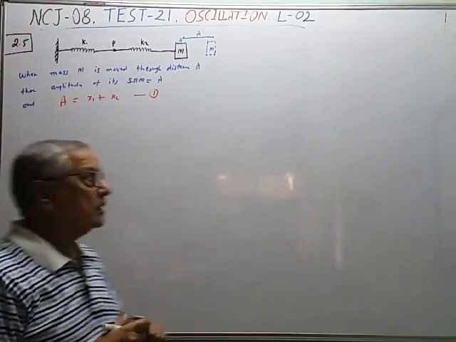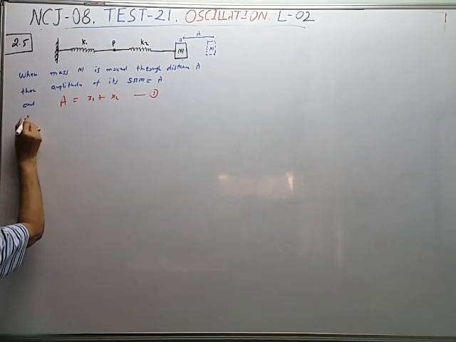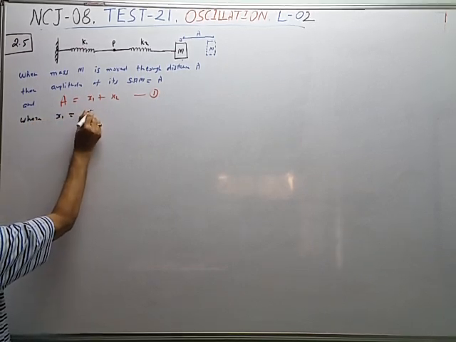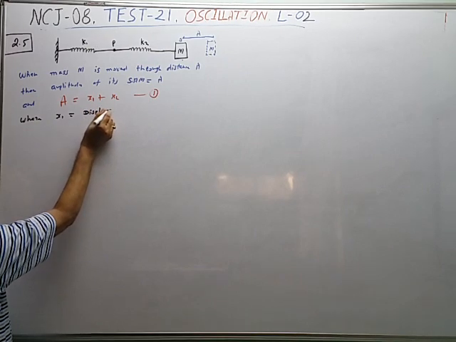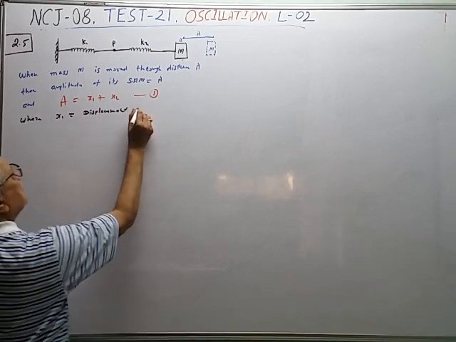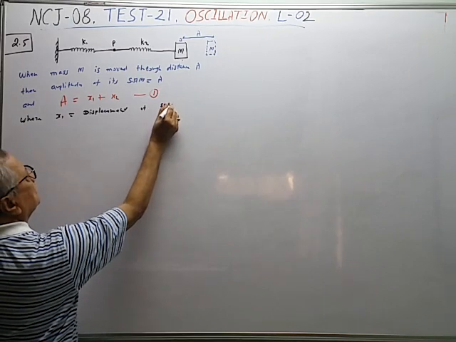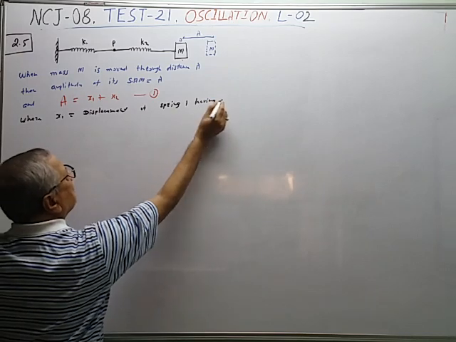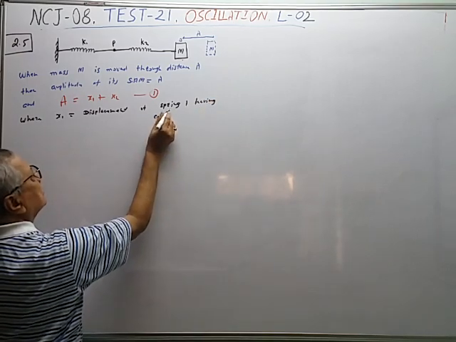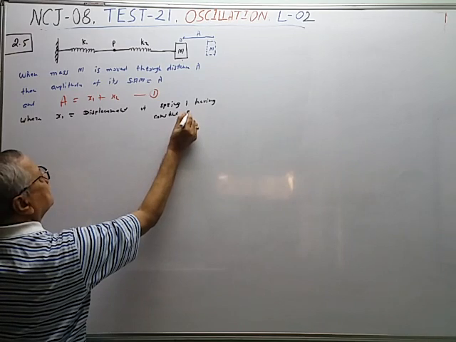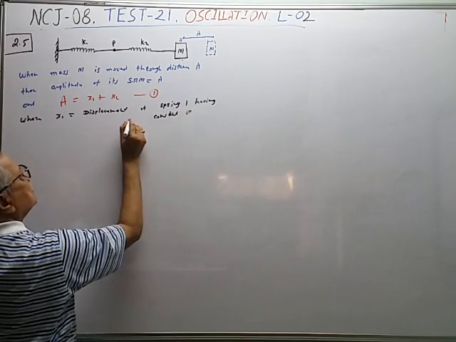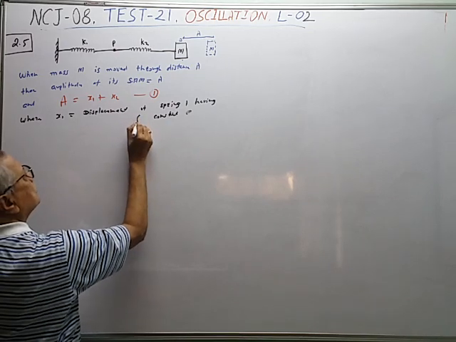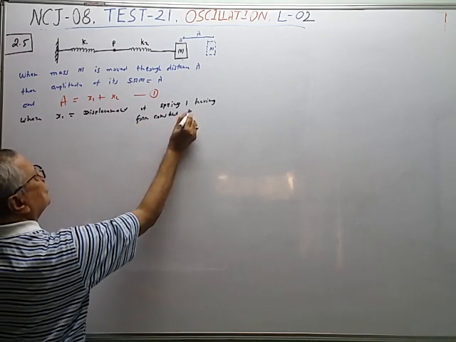Now what is meant by x1 and x2? Where x1 is equal to displacement of spring 1 having force constant K1.